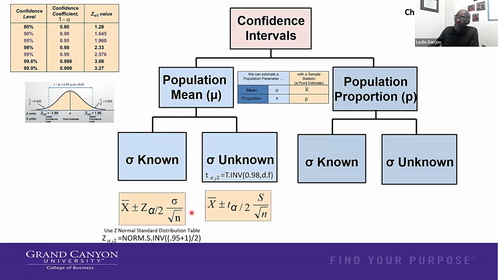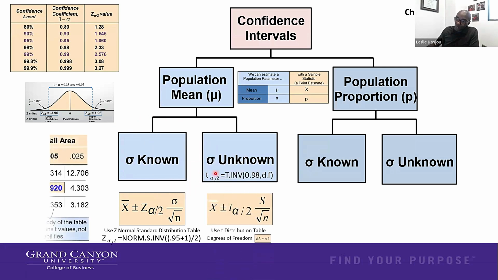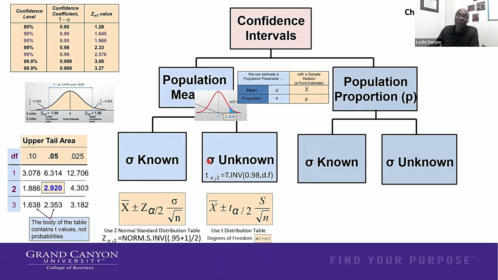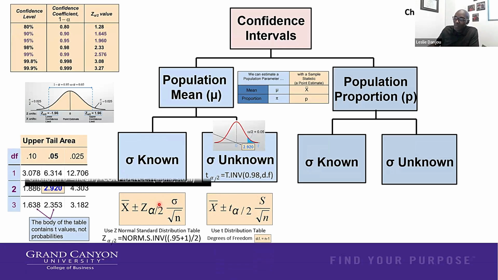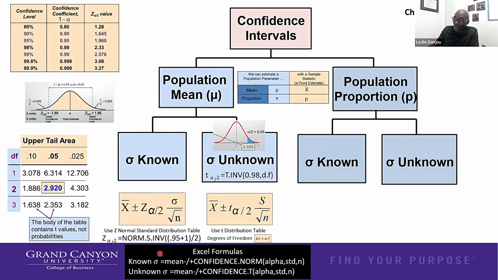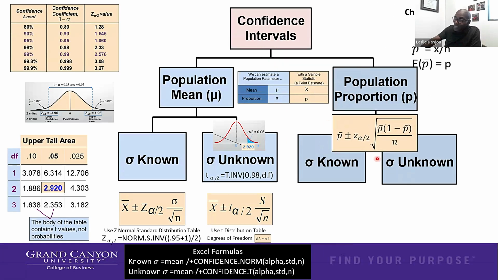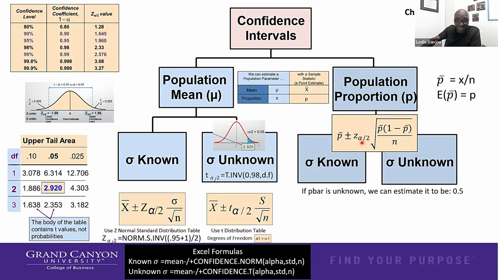If we don't know our population standard deviation, but we know our sample standard deviation, we will use this formula, two formulas in one. Here are our formulas: the mean plus or minus CONFIDENCE.NORM with the alpha value, the standard deviation, and the sample size. For proportions, two formulas in one again. We'll show you how to do this in Excel.